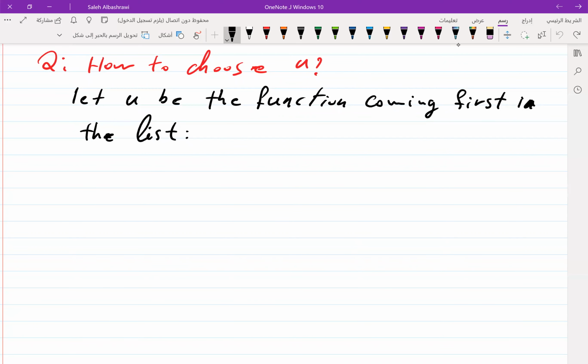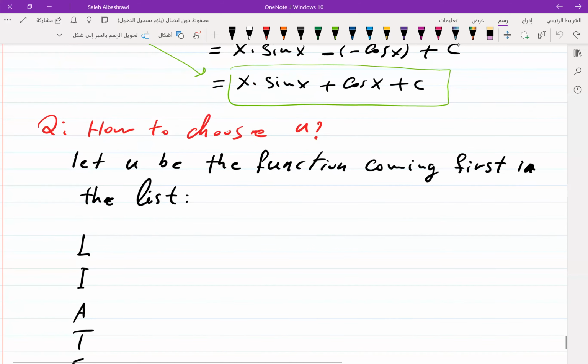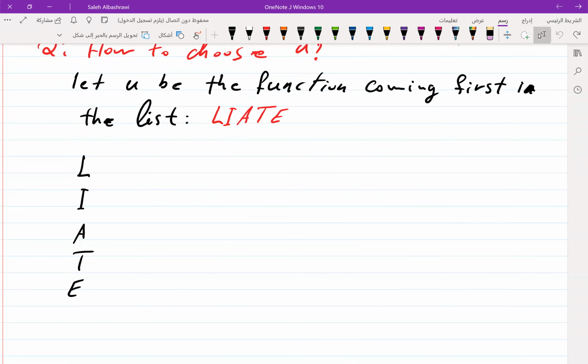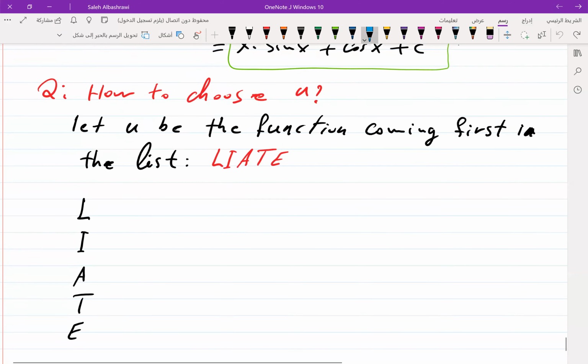I have a list which starts with L, I, A, T, and E. What's the meaning of this list? L is for logarithmic function. If I have a logarithmic function in the integration, I will choose it to be u substitution for integration by parts.